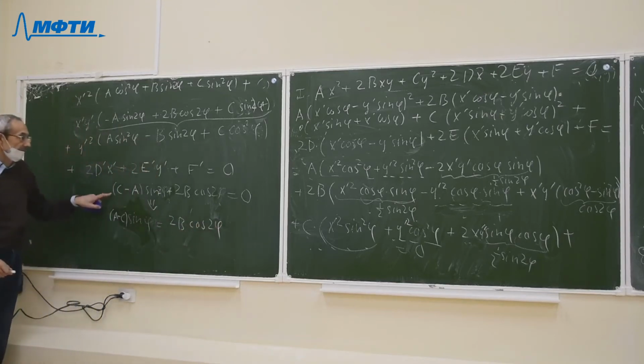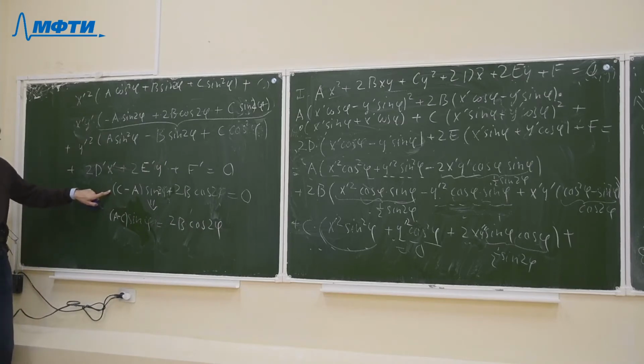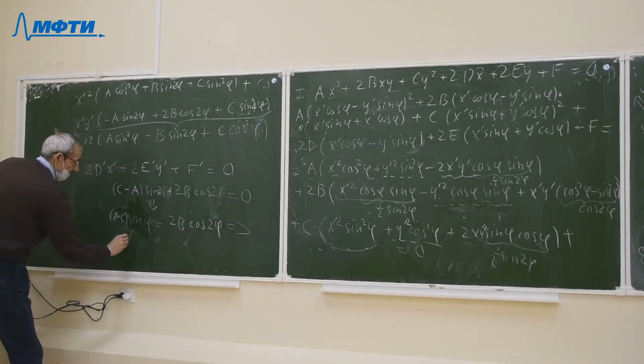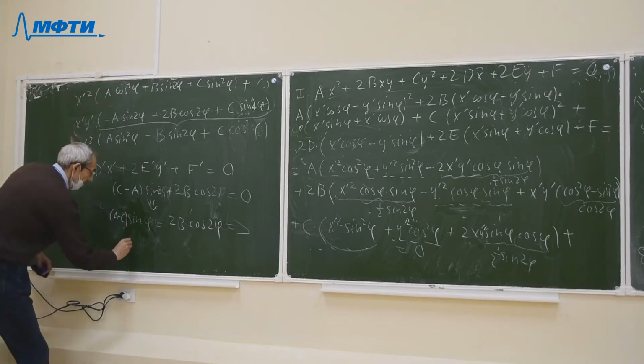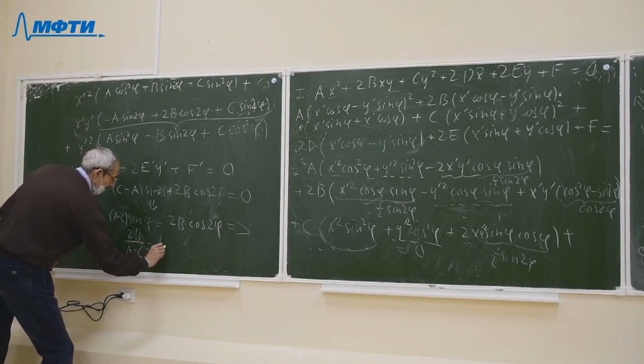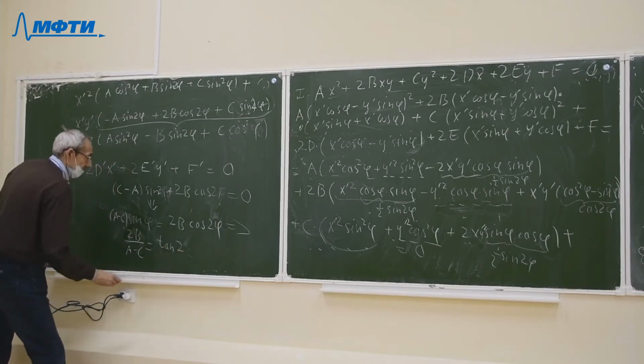We can rewrite this equation in this following form, and we obtain that the ratio to be a minus c is equal tangent.